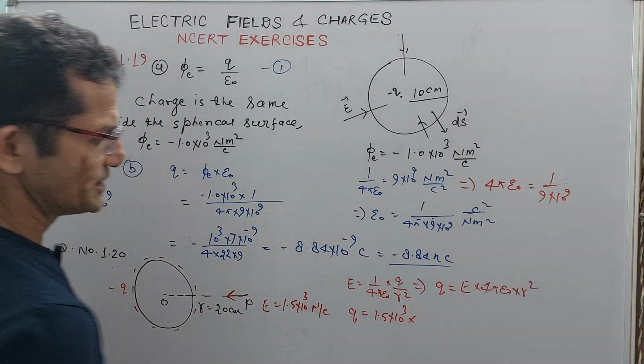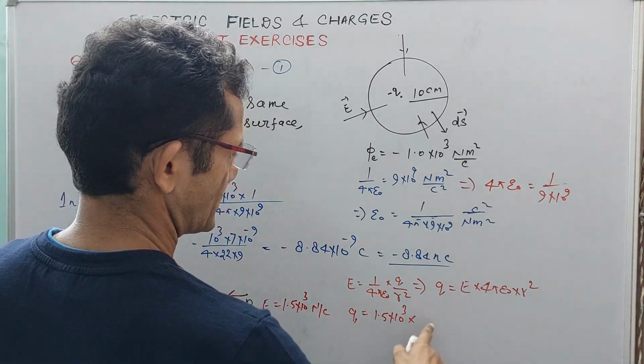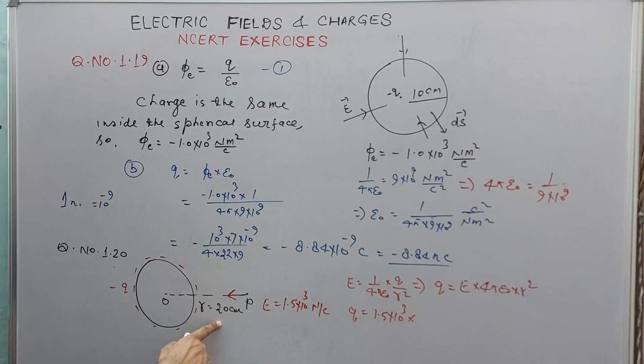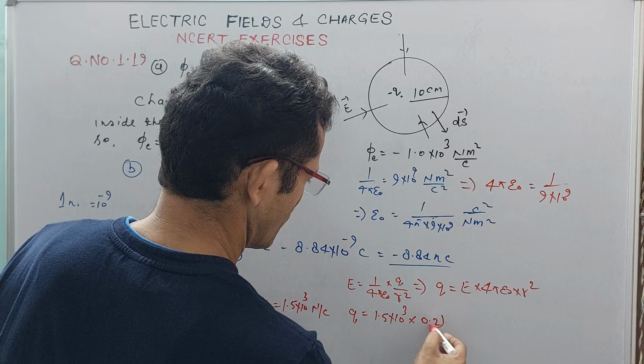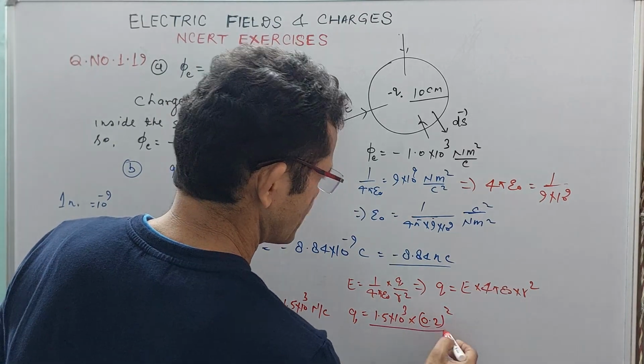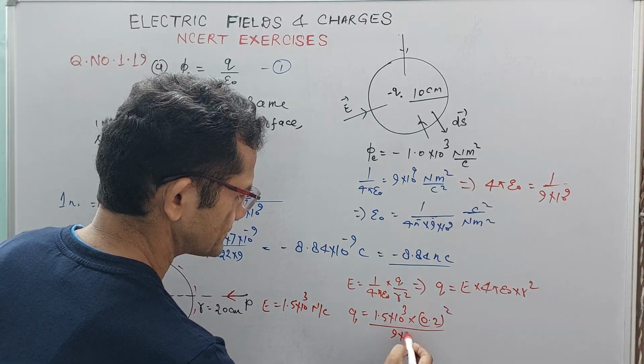So putting this value here, 4 pi epsilon naught into r square, with r equal to 20 centimeter converted into meter, 0.2 whole square, and divided by 9 into 10 raised to the power 9.